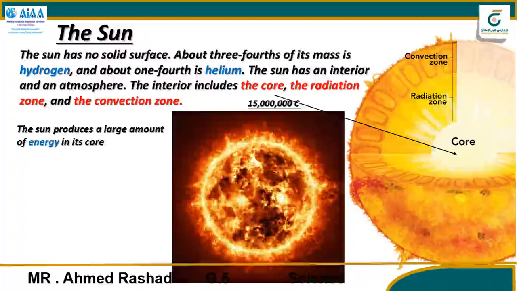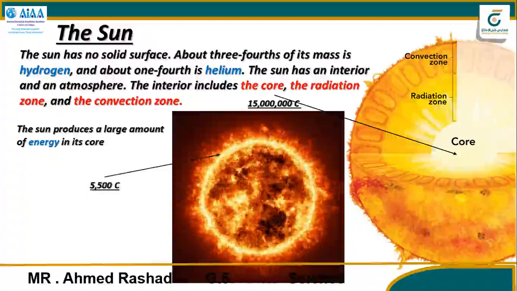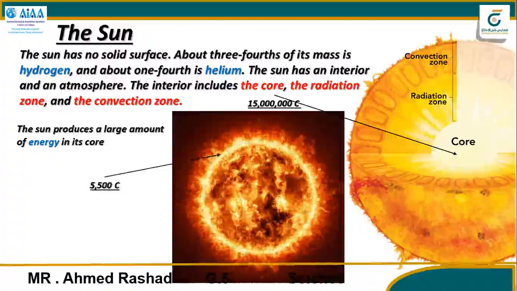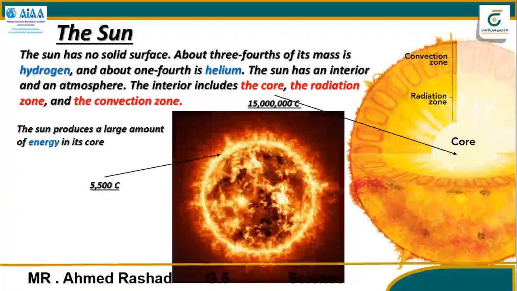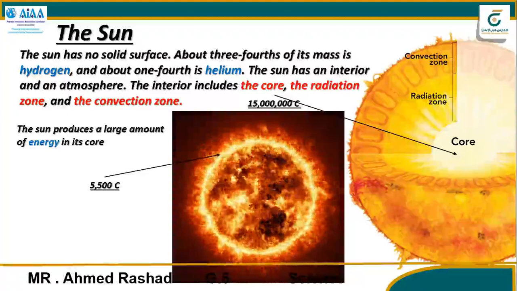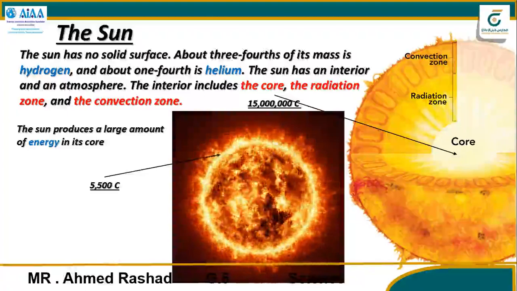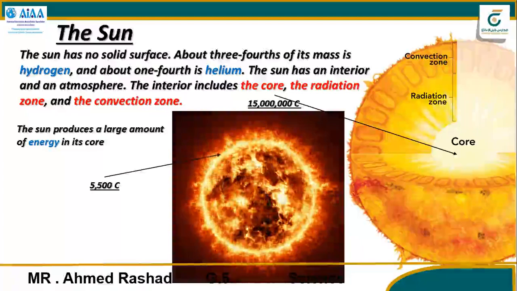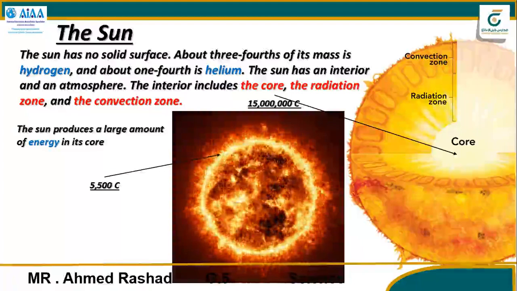And the surface of the Sun is 5,500 Celsius, and that is a large temperature if we compare the heat of the surface of the Sun and our Earth. Here on our Earth, if the temperature is 50 Celsius or 48 Celsius, we feel hot, a large amount of heat.